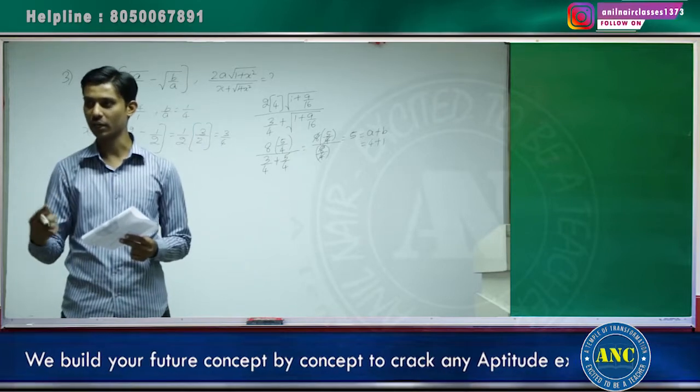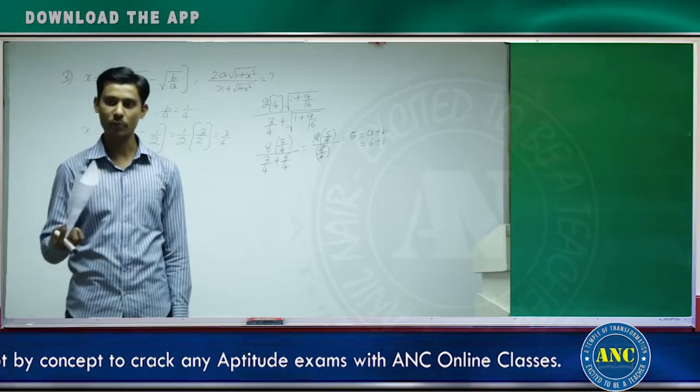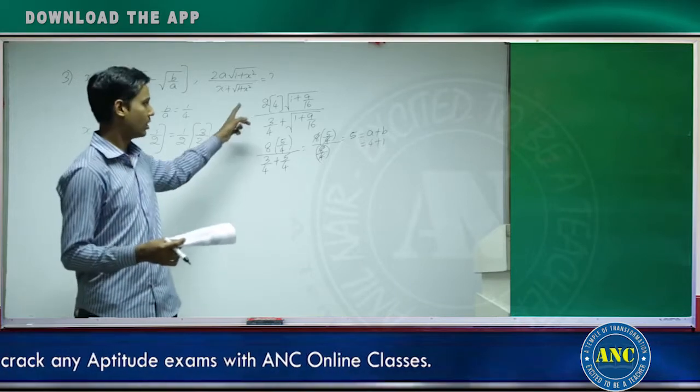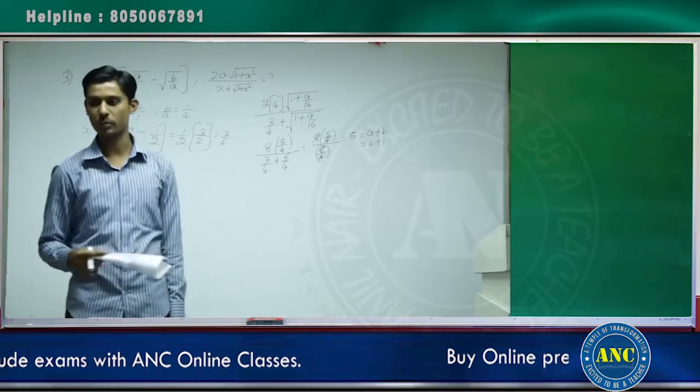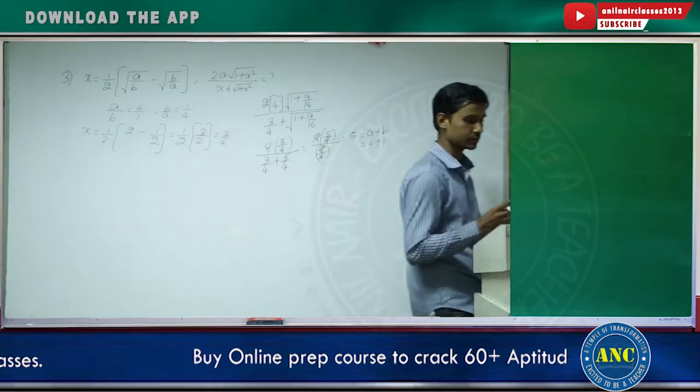Suppose if one more option satisfies, then you need to take some other values and check it out again, right? Suppose if two options satisfy, take some other values, do it again. Only check with those two options whatever is satisfying. In this question, only one option is satisfying. Clear? Great.